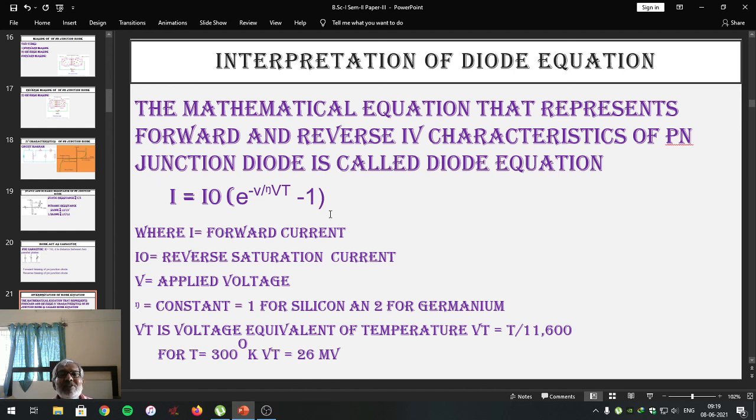This equation is called the diode equation. It represents the working of a PN junction diode in mathematical form. This I is the forward current, or total current. I0 is the current that flows due to the minority charge carriers when it is reverse biased.